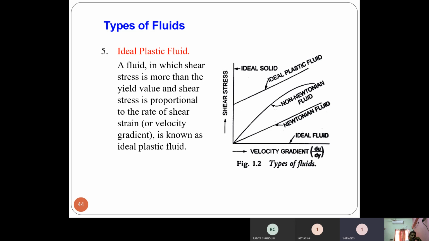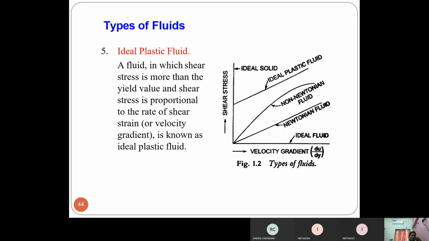And now we come to the ideal plastic fluid. See, this is a fluid in which shear stress is more than the yield value and shear stress is proportional to the rate of shear strain or velocity gradient. Ideal plastic fluid is represented with an inclined line which is parallel to the Newtonian fluid line. But what is the difference?